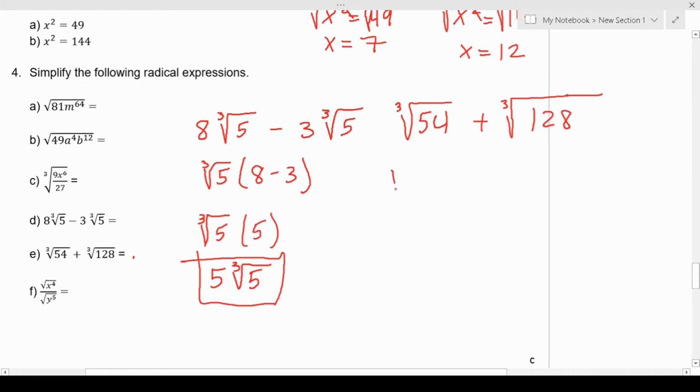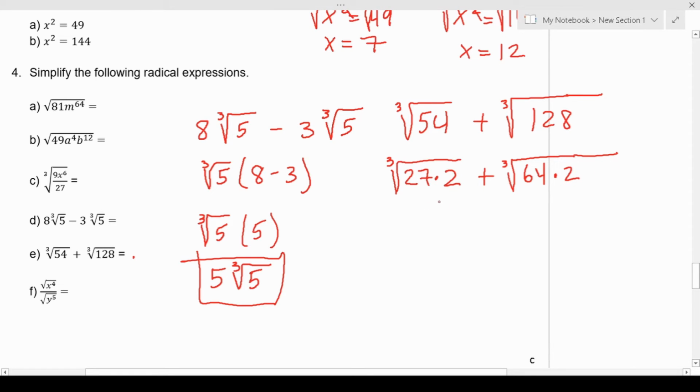As it happens, we can rewrite this one as the cube root of 27 times 2. Again, 27 times 2 is 54, plus the cube root of 64 times 2.